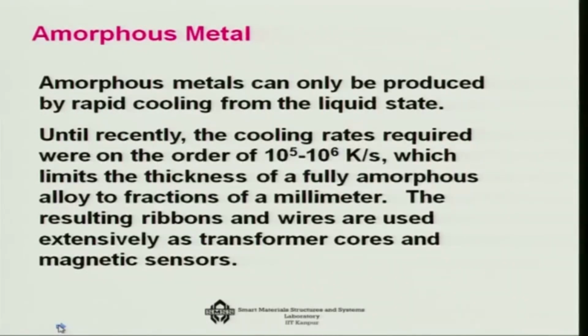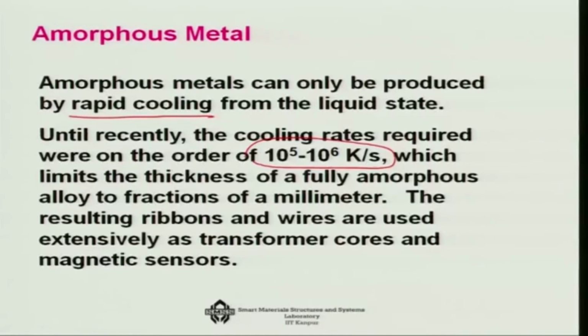Yes, you can, but to do that you have to have rapid cooling from the liquid state. Until recently the cooling rate required is of the order of 10 to the power 5 to 10 to the power 6 Kelvin per second. So fast you are supposed to cool it if you want to really make a metal amorphous.